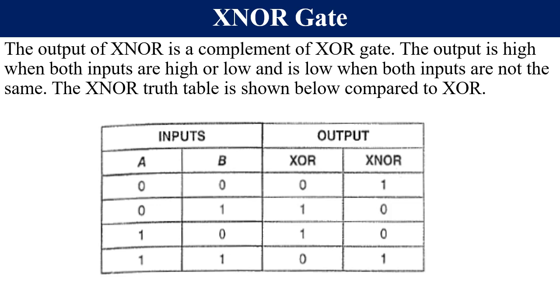In other words, 0 and 0 give us a 1 and 1 and 1 give us a 1. So please compare the output of an exclusive OR to that of an exclusive NOR. In other words, we are inverting the output of exclusive OR to get an exclusive NOR gate.